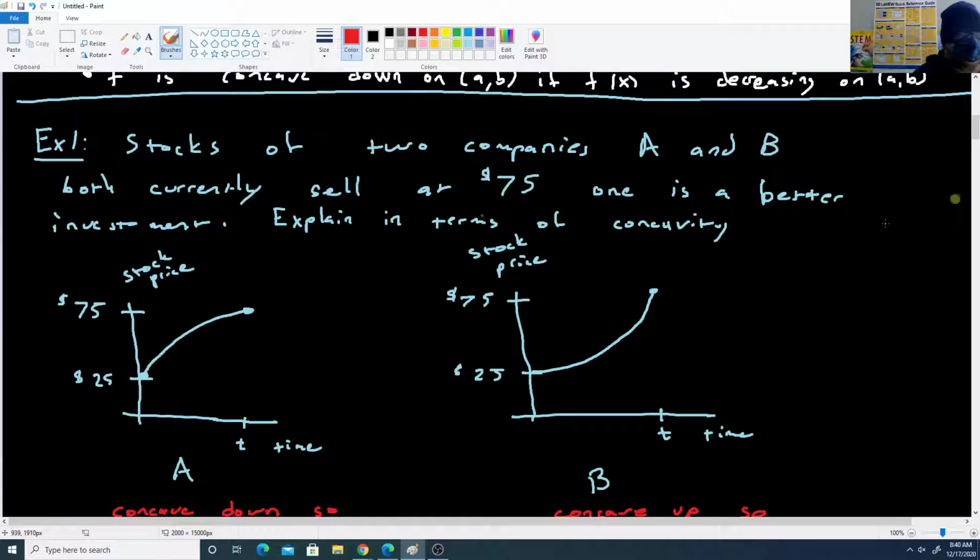And the reason for that, if you look at the instantaneous rate of change, which kind of predicts how the stock is going to be moving, this one, it's flattening out, so your change is approaching 0. So the tangent line slope approaches 0. Which means that the rate of change that the stock moves is stopping.